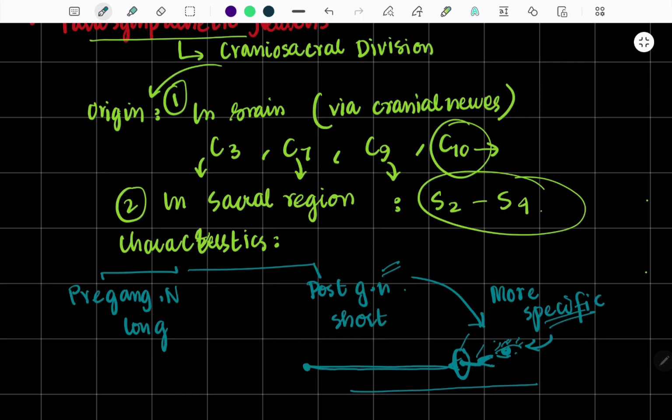Unlike those postganglionic fibers, a lot of which were connected to a single preganglionic fiber in the sympathetic system. Thus, the response produced in the sympathetic system was quite diffuse, widespread.